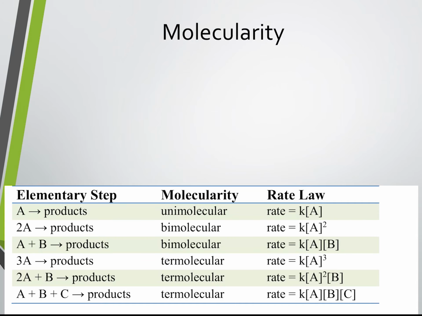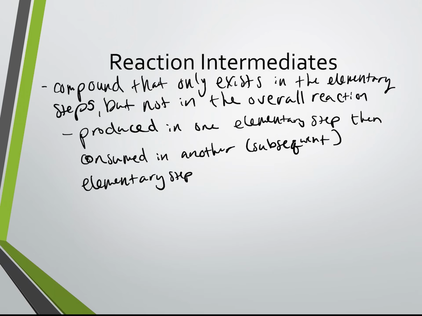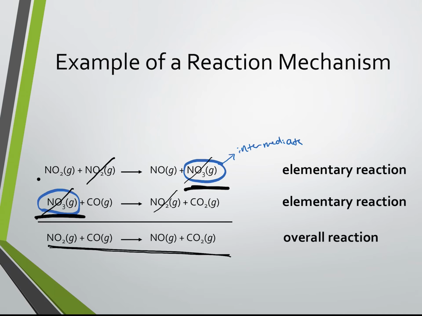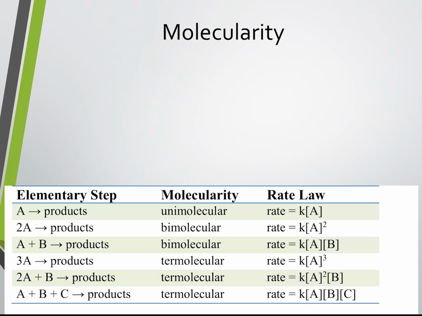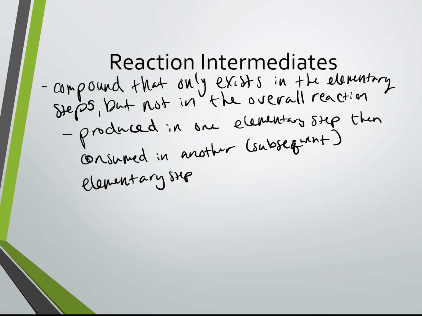Now, here we show that we are reacting 2 molecules of NO2. Here we are reacting NO3 with CO gas. That amount of molecules that are in an elementary step is what we call molecularity.